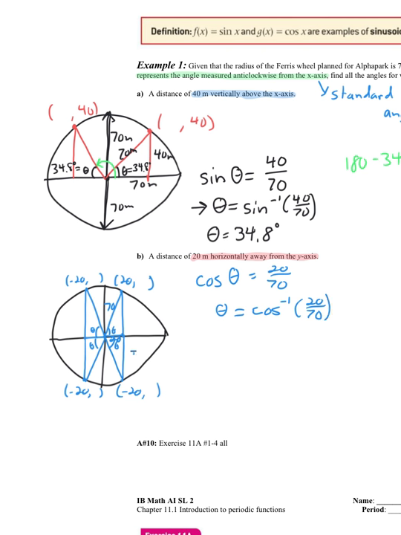And this is only going to give us the answer in quadrant 1, and then we have to be smart about how to find the other answers. So when we do 20 over 70, we'll find our answer of 73.3 degrees.